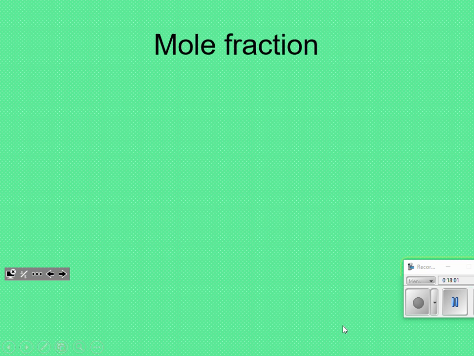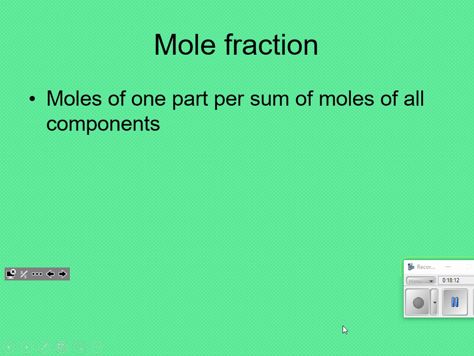Now the last one, we should already be aware of from when we did gases and partial pressure. So the last one isn't actually unusual. It's mole fraction: moles of the part divided by moles of everything.